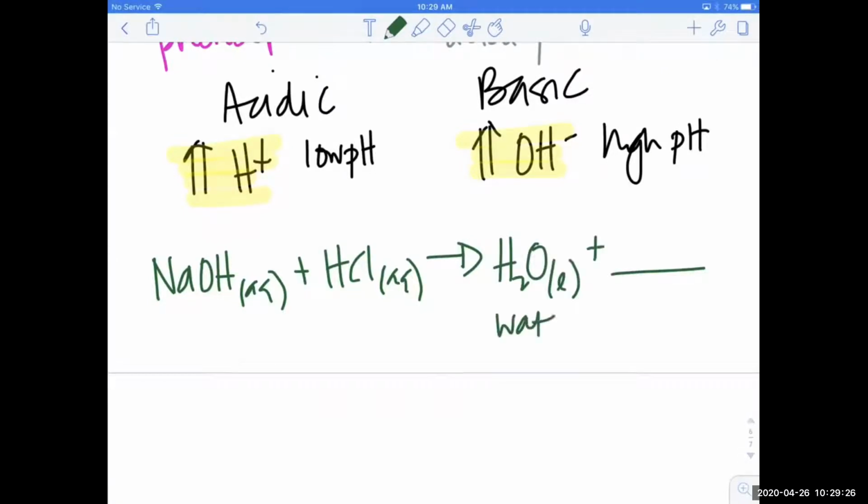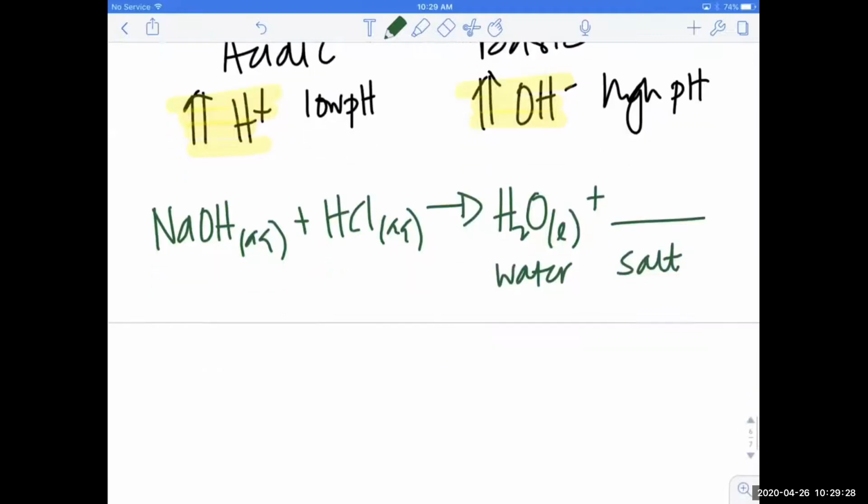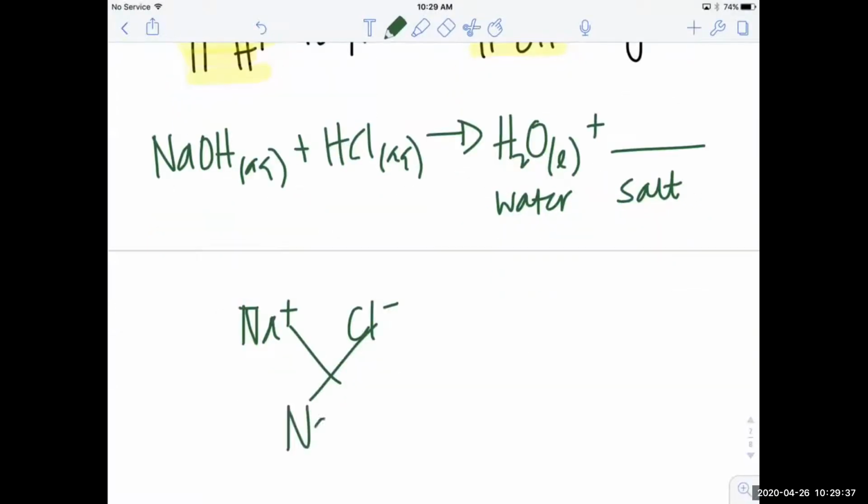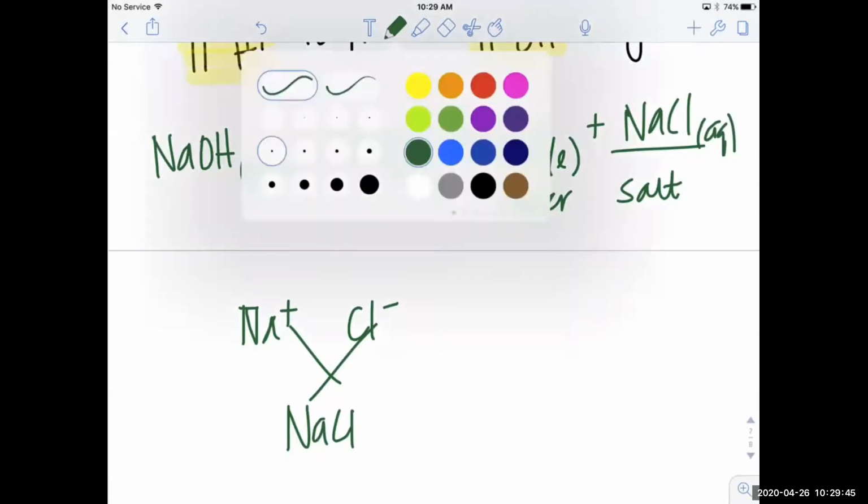So this is water and a salt, being the ionic compound. So we just have to form Na plus and Cl minus. So this is just going to be NaCl here. And neutralization reactions will always give off heat, but we know that there was no solid formation. So that's why we're okay with just a liquid here.